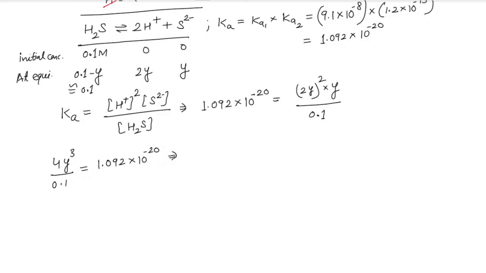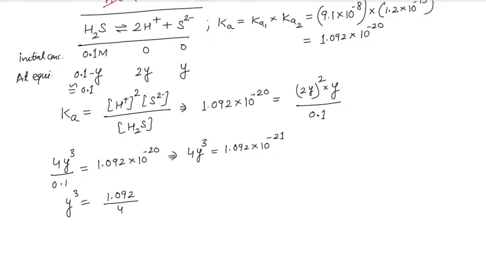That implies 4y cube is equal to 1.092 into 10 raised to power minus 21. Okay, so y cube equal to 1.092 over 4.